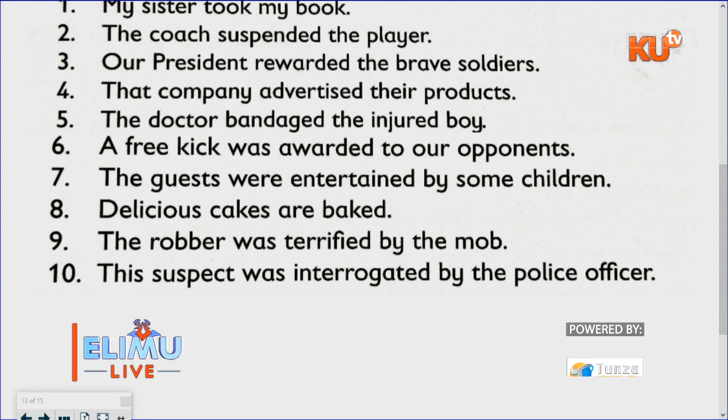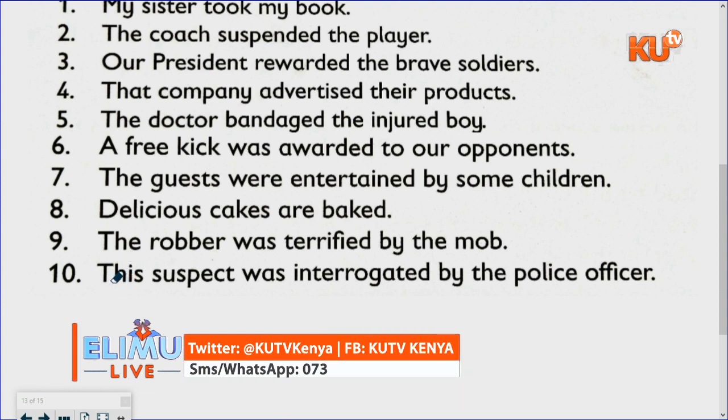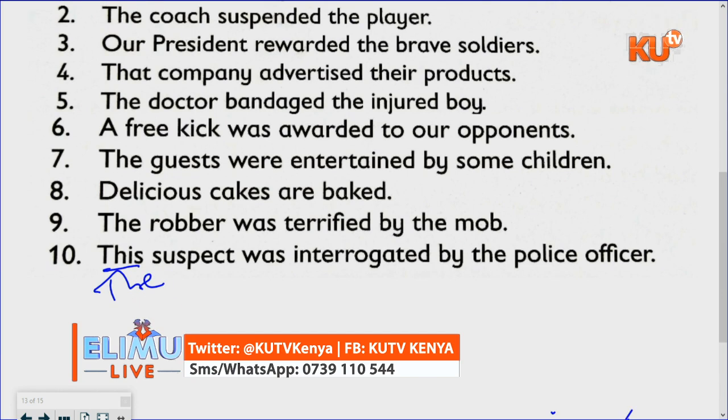This suspect was interrogated by the police. This suspect, don't change it to any other thing, don't change this to become there, all right? Don't change this to become that.